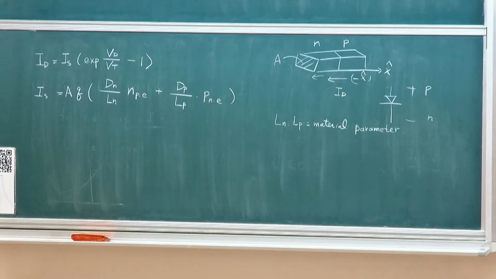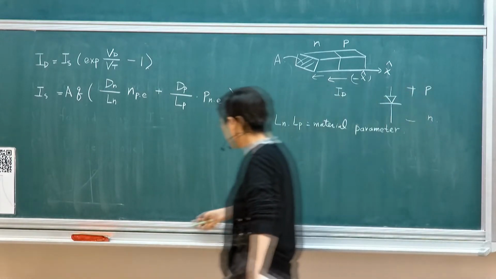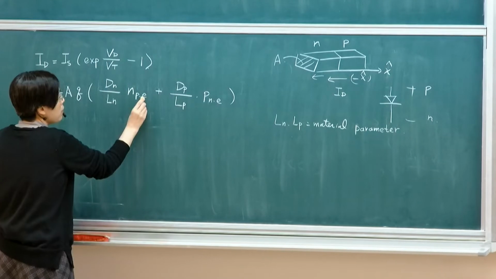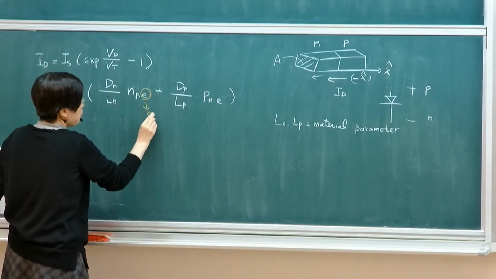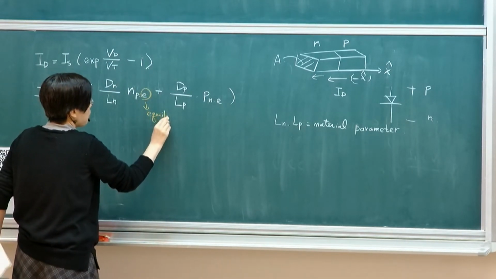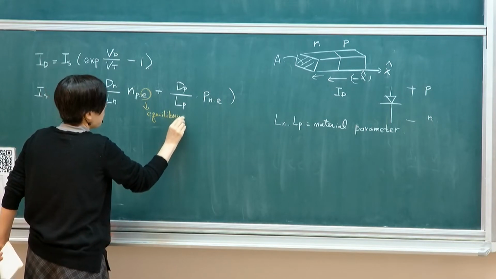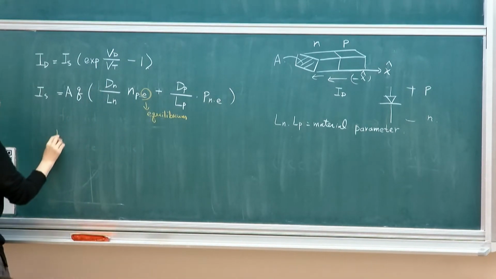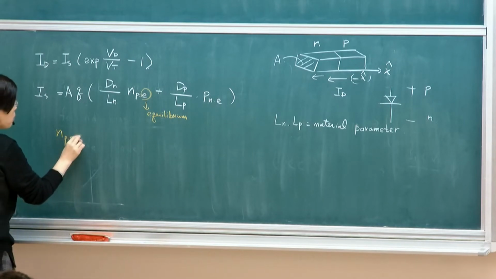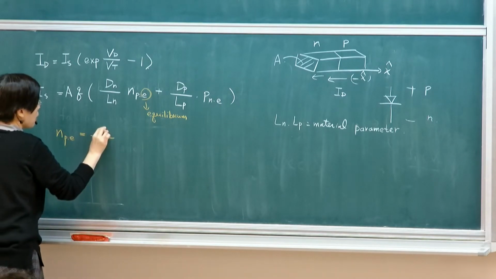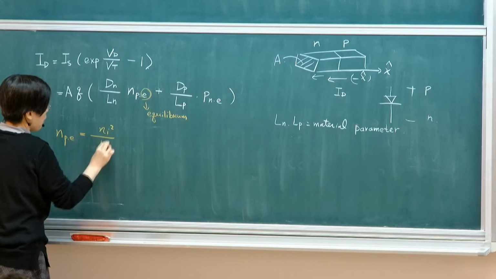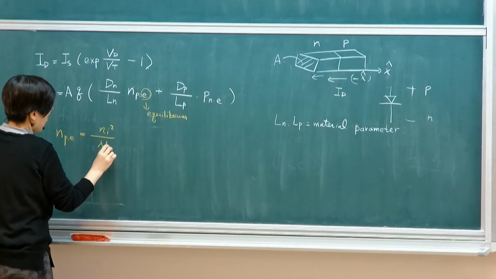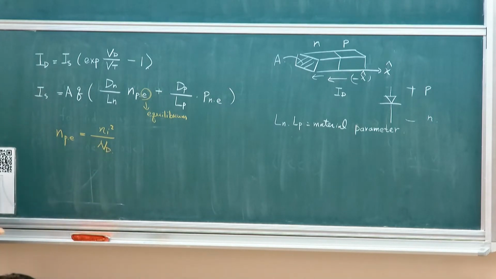Get my equation. So what is it? Remember, I want to emphasize, this stands for equilibrium, thermal equilibrium. So what is the minority carrier concentration? n_p0 at equilibrium is actually ni squared divided by the majority carrier concentration at the P side.